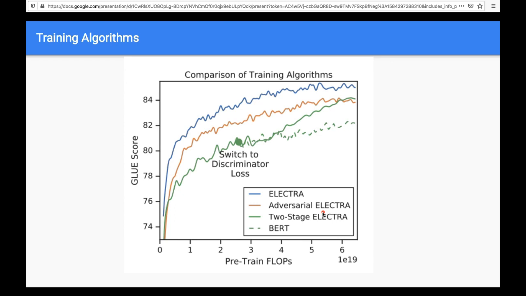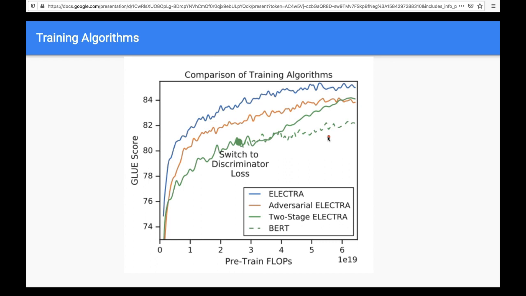If you are interested in that, you can look into the appendix of this paper, and I will not really go into the detail of that. And the two-stage ELECTRA is where they train a generator first for maybe n number of steps, then after n steps, they start training the discriminator.